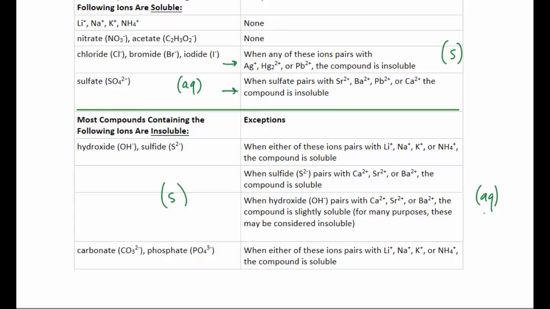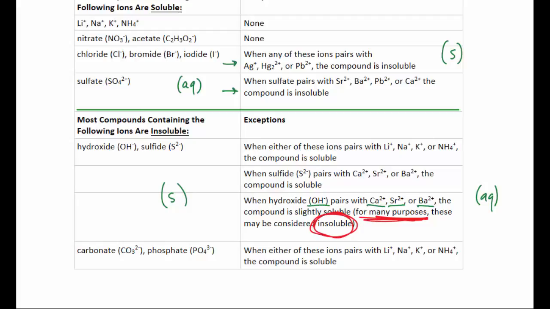One quick thing to look at here, your textbook simplifies this a little more than it probably should be. But specifically, what I want you to look at here, when hydroxide pairs with calcium, strontium, or barium. Calcium hydroxide, strontium hydroxide, barium hydroxide, it is slightly soluble, but what we'll actually be able to do is use this for many purposes. These are considered insoluble.